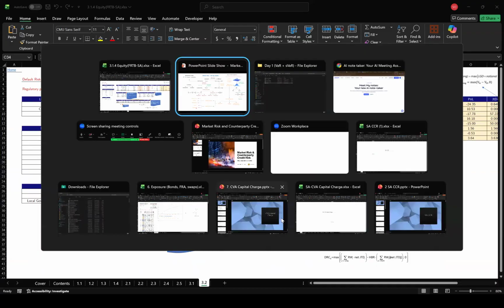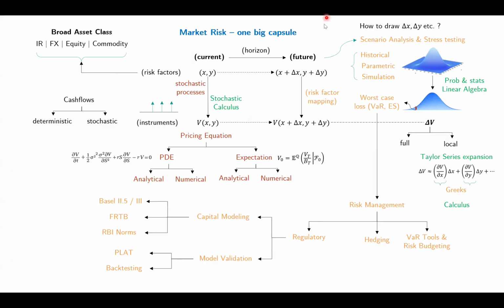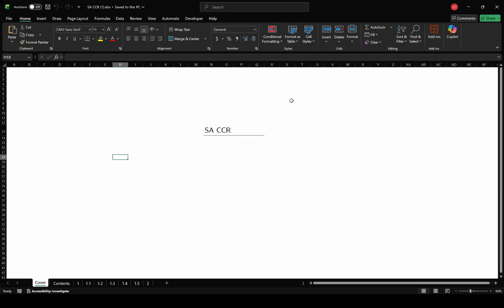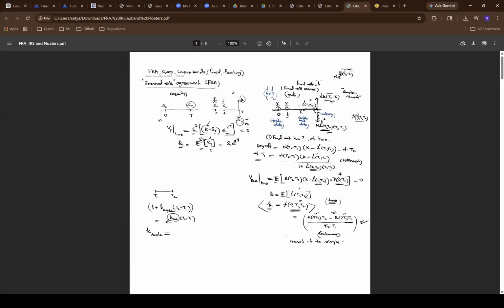I'll show you one last thing. If something is a high touch topic, then I derive everything by hand, right? Otherwise, the formulas, I mean, what would you do?